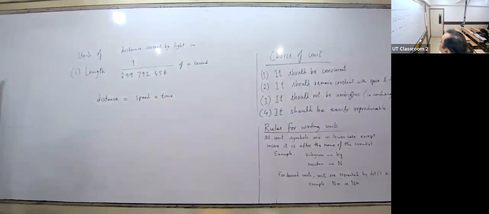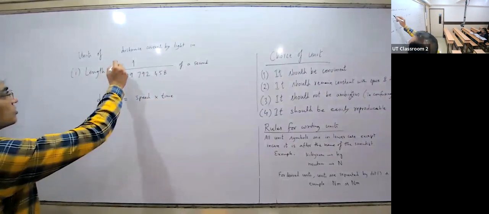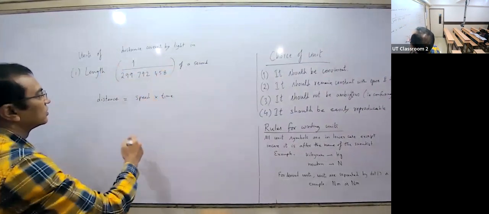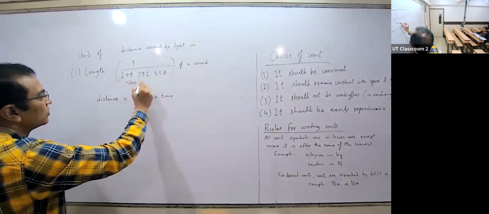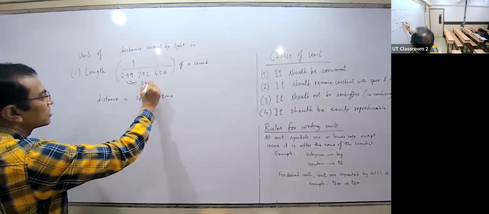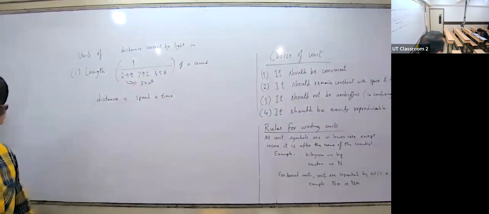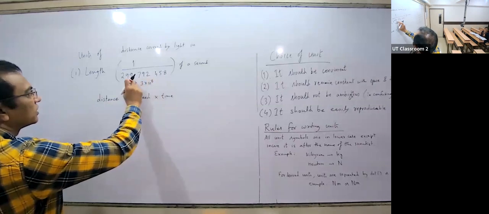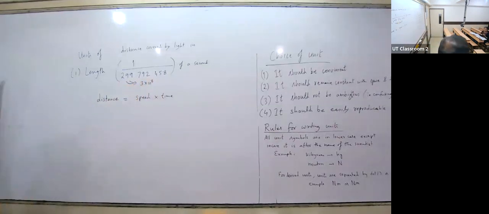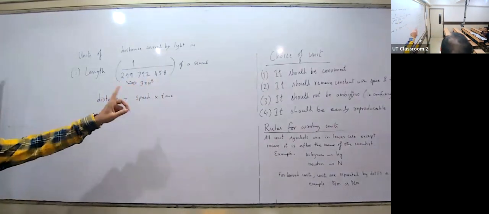So what is this number equivalent to? This number is equivalent to 3 into 10 raised to 8. Check this out: 1, 2, 3, 4, 5, 6, 7, 8. Round it off. So this will be 3 into 10 raised to 8.